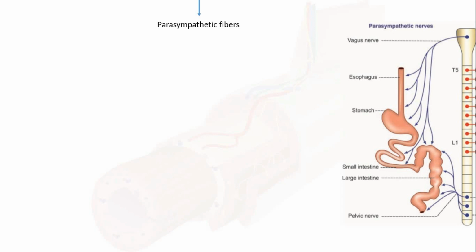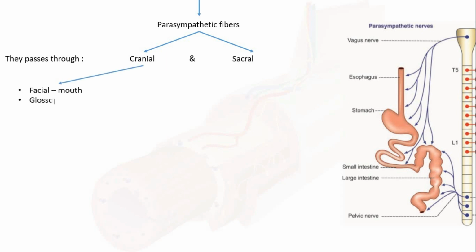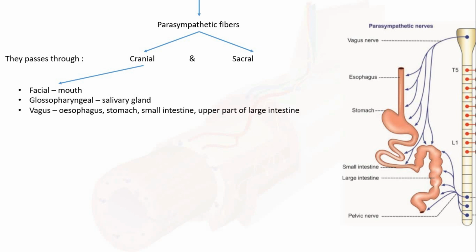Next comes the parasympathetic nervous system. The parasympathetic nervous system passes through cranial nerves and the sacral nerves. The cranial nerve that supplies the mouth is the facial nerve, the salivary gland by the glossopharyngeal nerve, and the esophagus, stomach, small intestine and the upper part of the large intestine are supplied by the vagus nerve. While from the sacral nerves, nerves arise from the 2nd, 3rd and 4th sacral vertebrae.